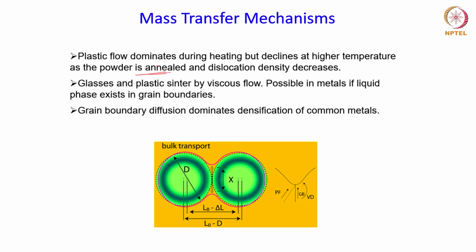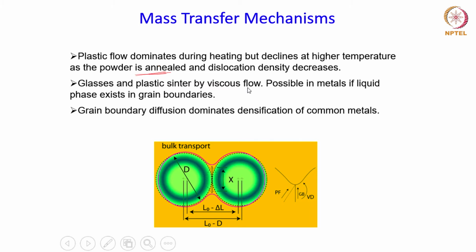When the temperature is high enough, the dislocations will be annihilated, and as a result the dislocation density will decrease, right? So since this plastic flow is controlled by the dislocation motion, when the dislocation density decreases, the domination of the plastic flow will also decrease. Okay, so that is why at high temperature the plastic flow is no longer a dominant mechanism for densification.